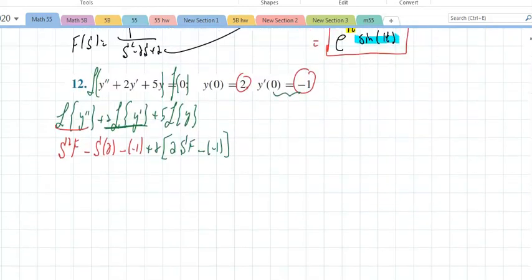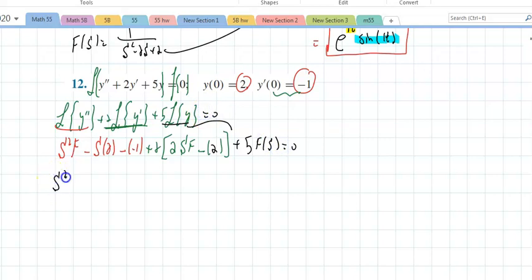F of 0, what's F of 0? Minus a 2, my mistake. Yeah, I thought something was wrong. Minus a 2, right? And if I apply the Laplace on that, that's simply F of s, and that equals 0, because Laplace applied on 0 is 0.